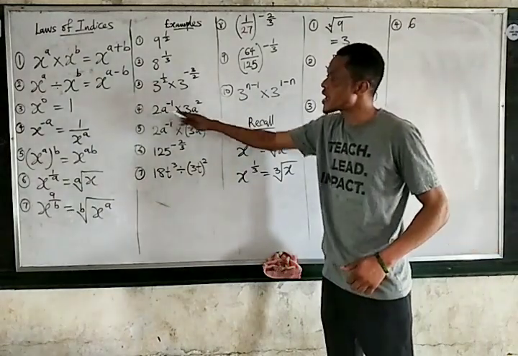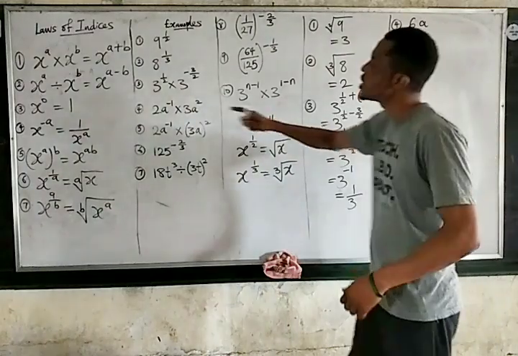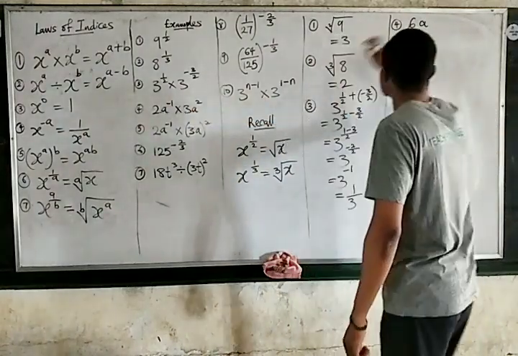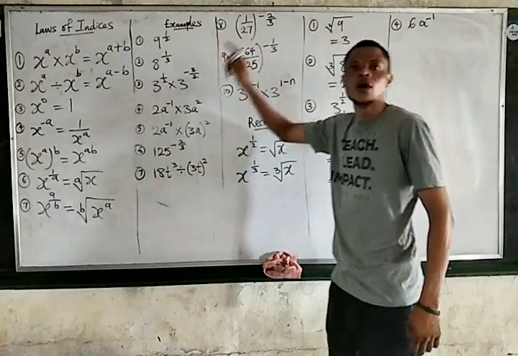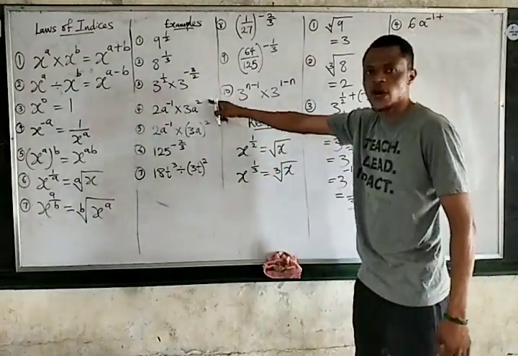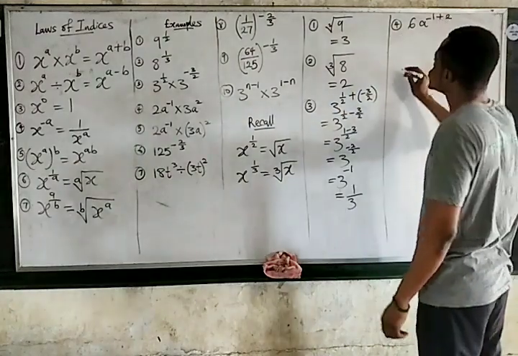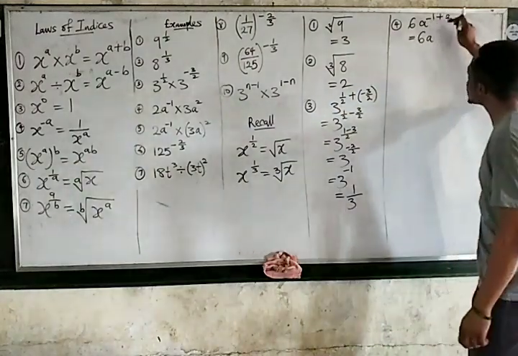Then this is a, and we have another a here. So we pick the a. Then this is raised to the power of minus 1, and the multiplication sign here will become an addition sign, plus 2. So we have 6a raised to the power of minus 1 plus 2.